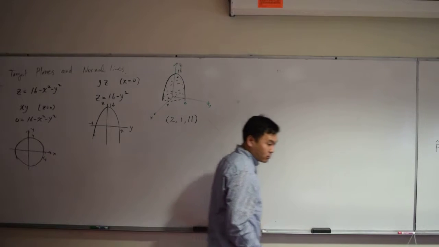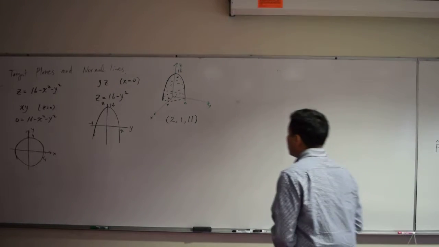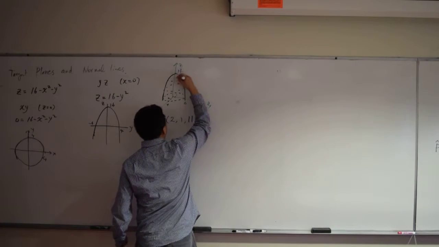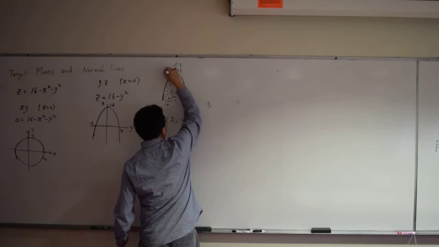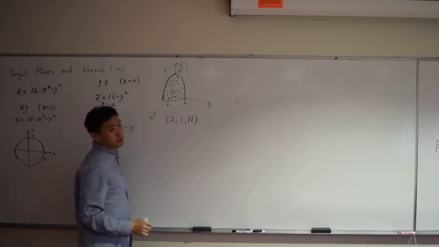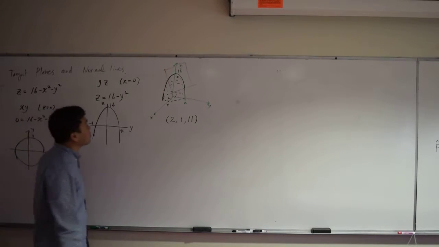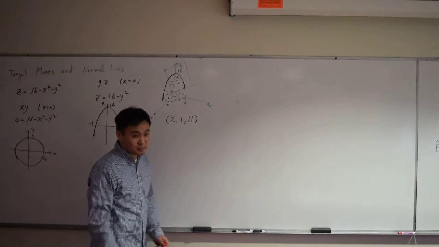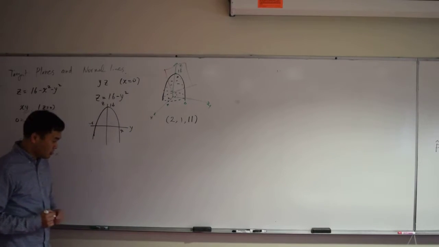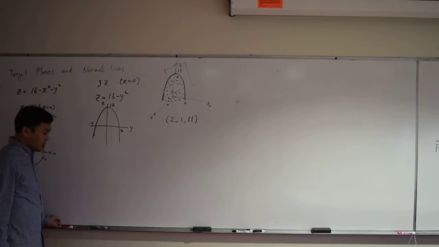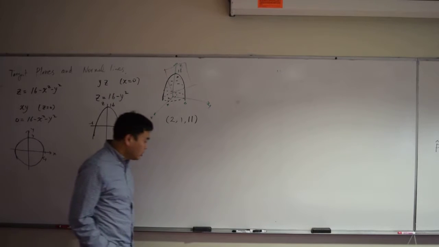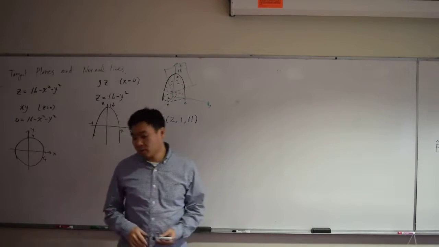What I want to do is to figure out the equation of the tangent plane. So we're looking for this plane that's tangent to the surface at this one point. So let's recall the equation of a plane.